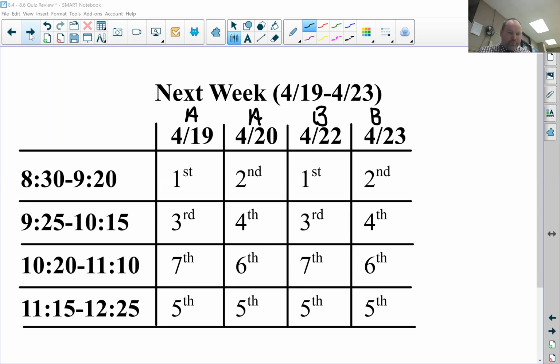For cohort B, same schedule, same class times, but obviously on Thursday and Friday.